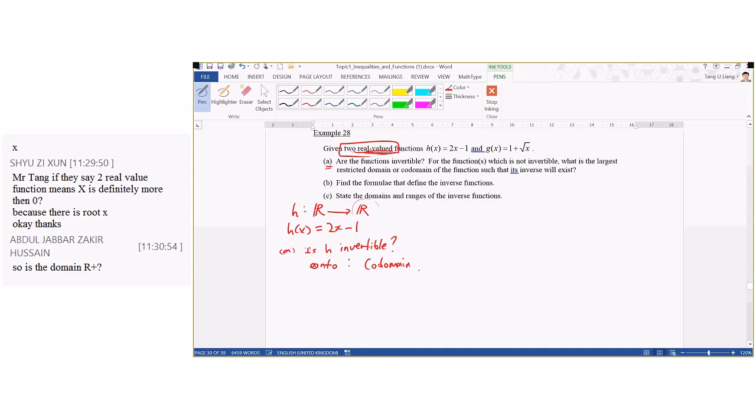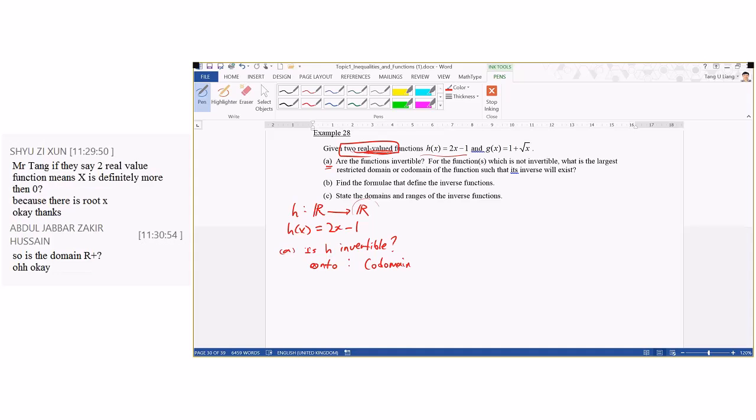Now the range of h is also R because it's a straight line graph. There is no maximum and minimum to this graph. And we see it actually from the formula. Alright, so clearly this is onto. So h is onto, because the codomain is equal to the range.